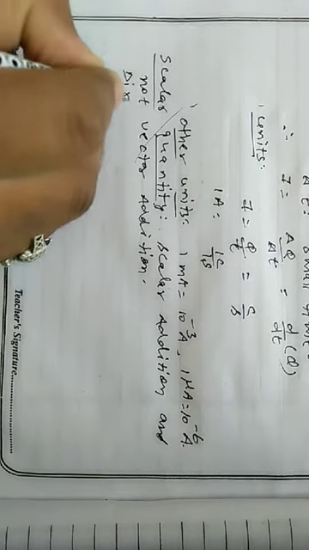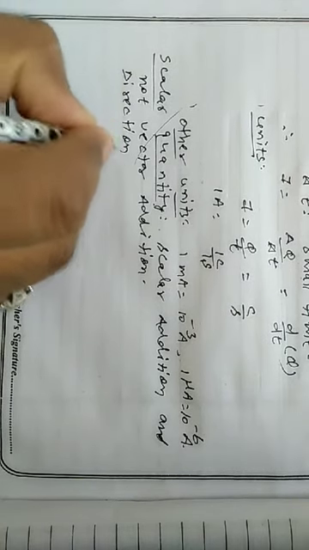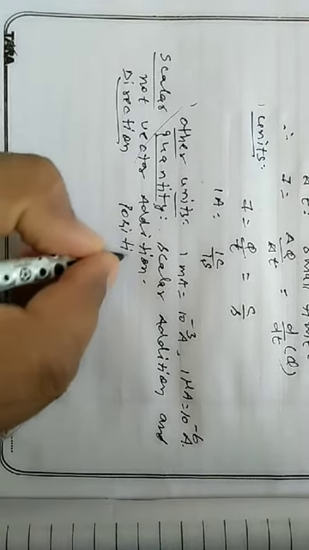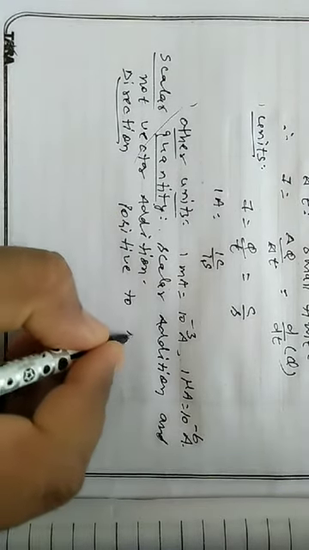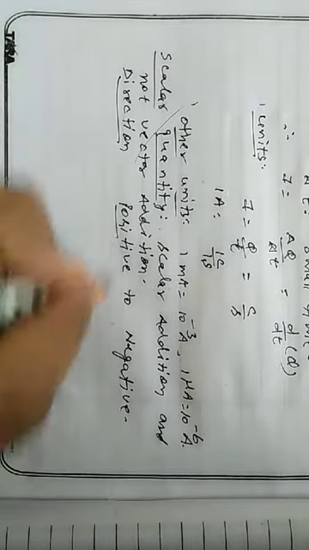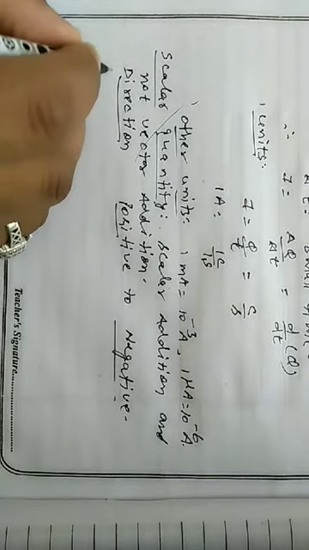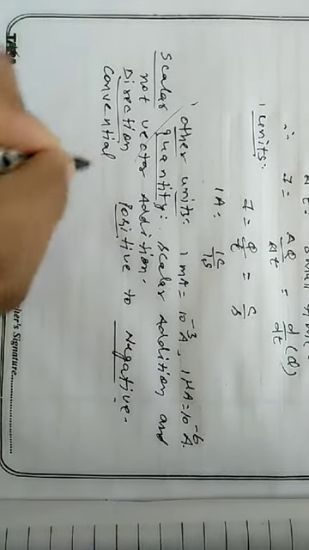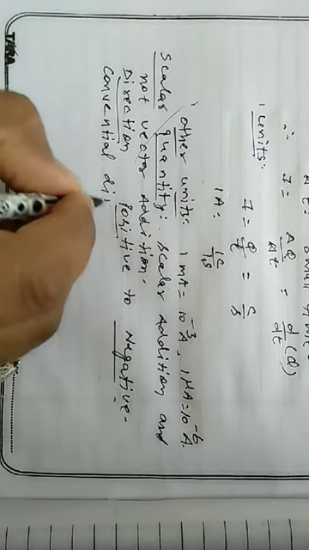Direction of current is from positive to negative, and this is the conventional direction of flow of current.